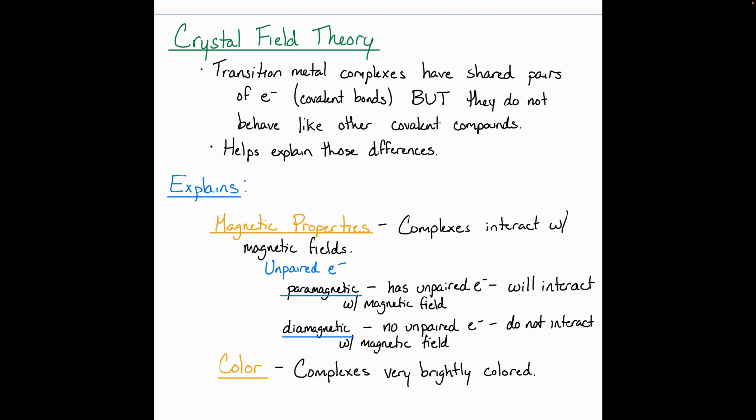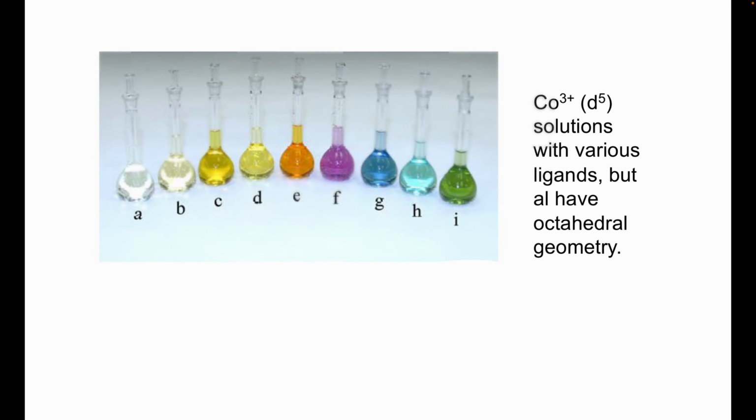In particular, it explains the magnetic properties of these complexes. That's what we discussed last class, how to build those electron configuration diagrams and determine whether your complex is going to be paramagnetic or diamagnetic. And the other thing that it helps us to explain is the color of those complexes. Right? Our transition metal complexes, they can be very brightly colored. All right, so that's where we need to pick up here.